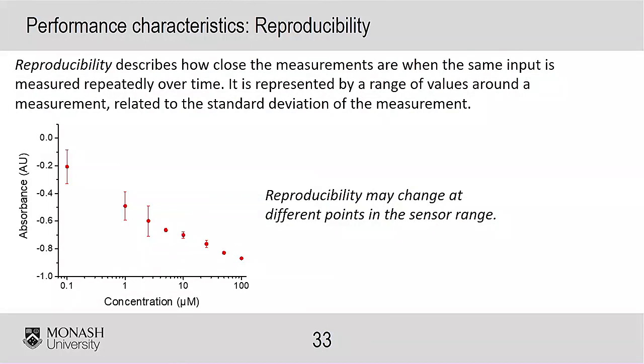So it's represented by a range of values around a measurement related to the standard deviation of the measurement. So reproducibility may also change at different ranges in the sensor. It's like everything that we've spoken about today. It can change, it can be non-linear. So in this case, we can see that it's not so good at low concentrations of whatever this sensor is measuring, whereas it's quite good at high concentrations.